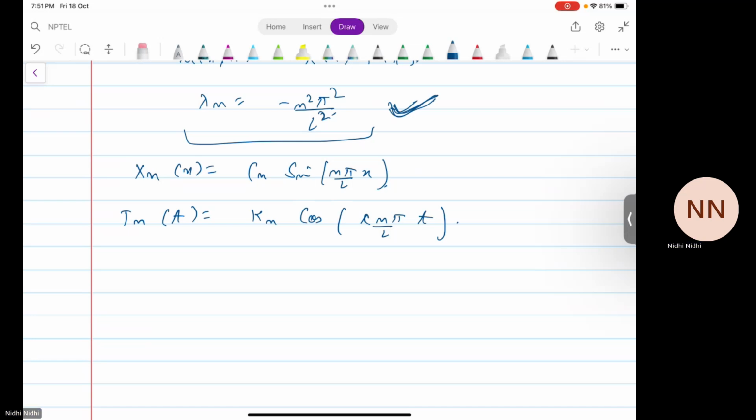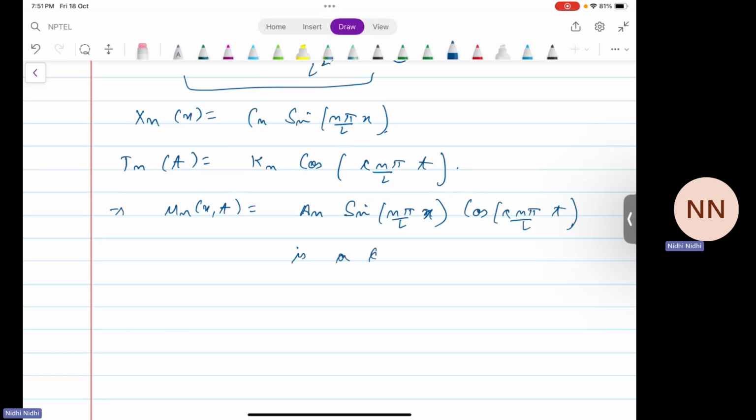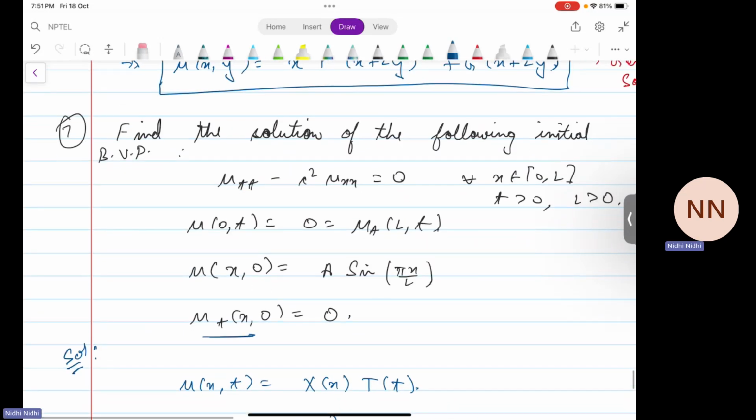So this will give us that u_n(x,t), which I'll write as a_n sine n pi by L x cos c n pi by L t, is a non-trivial solution of the equation.